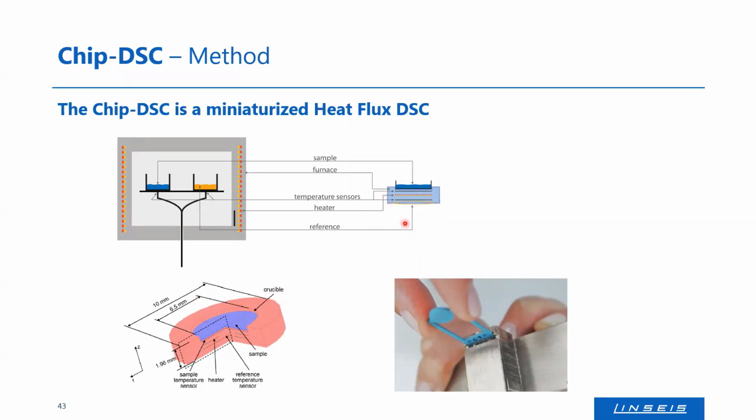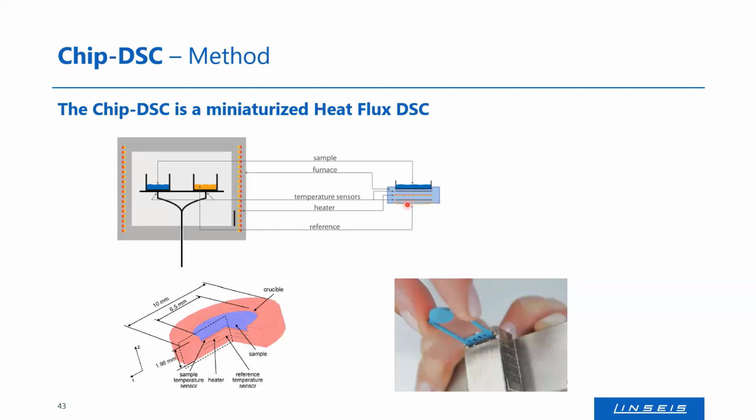In these microchips is a heater in the middle, which replaces these big furnaces. Then you have a thermocouple here on the upper side, on the sample side, and a thermocouple on the reference side. And the reference itself is included here in that sensor.